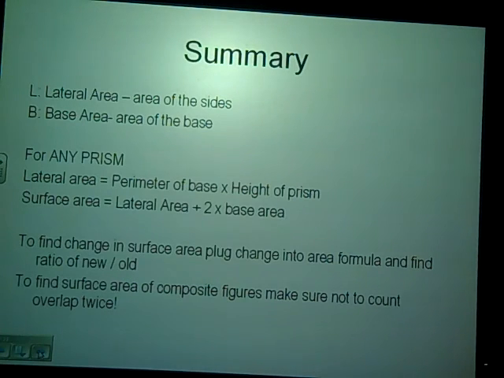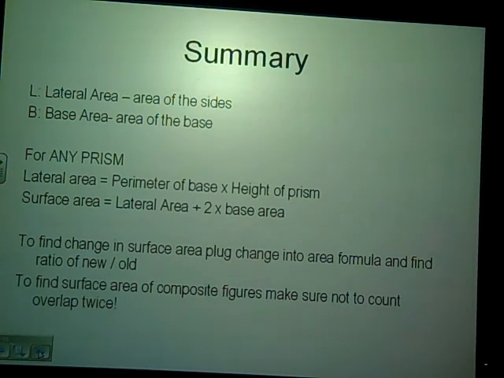So quick summary of what we did. Lateral area, area of the sides, base area, denoted by a big B, area of the base. And for any prism, lateral area is perimeter of the base times the height of the prism. Surface area is lateral area plus 2 times the base area.